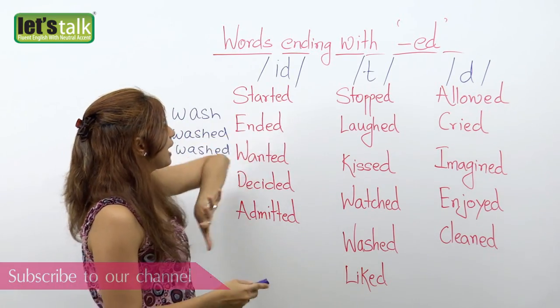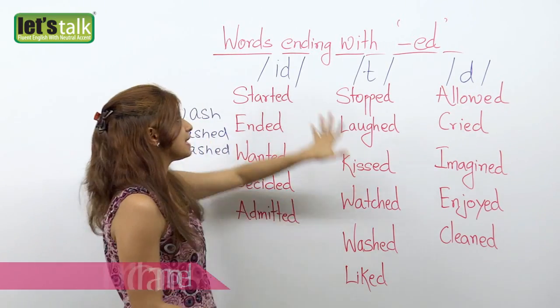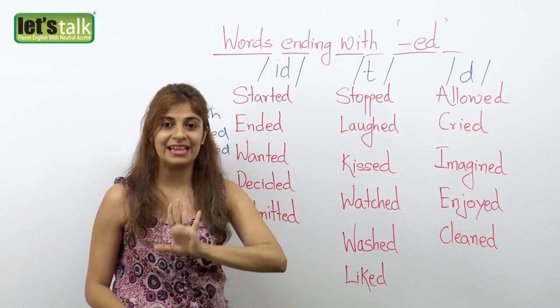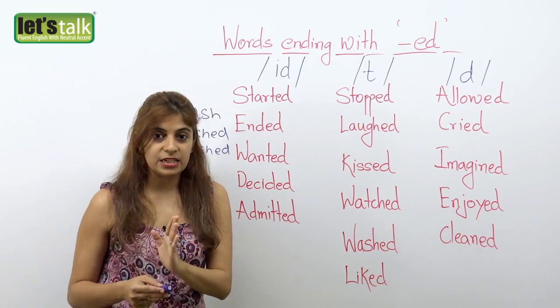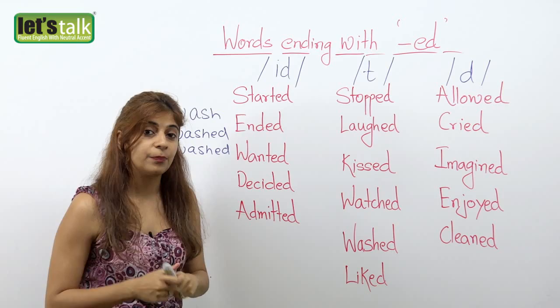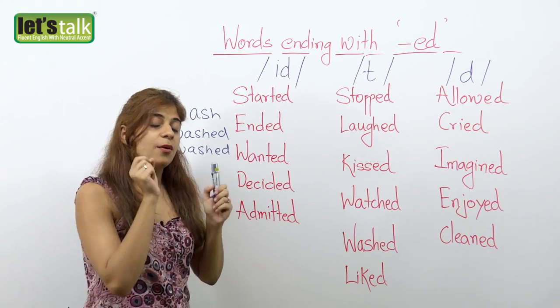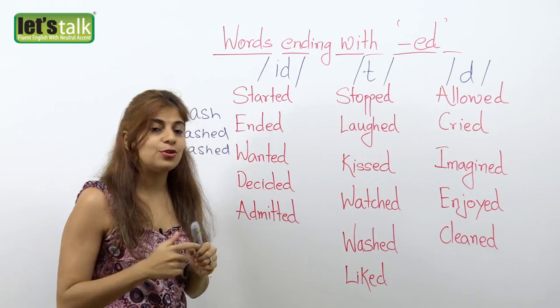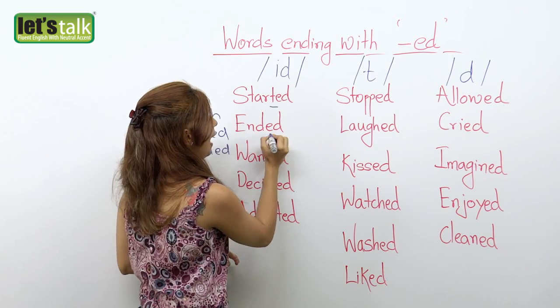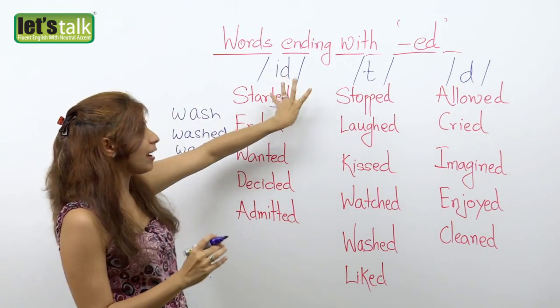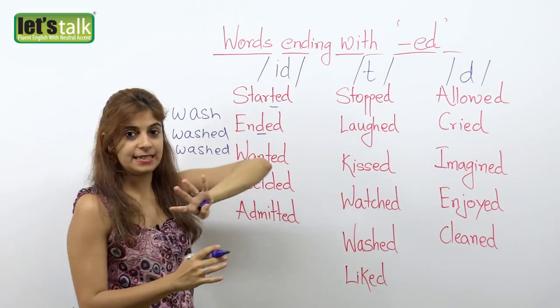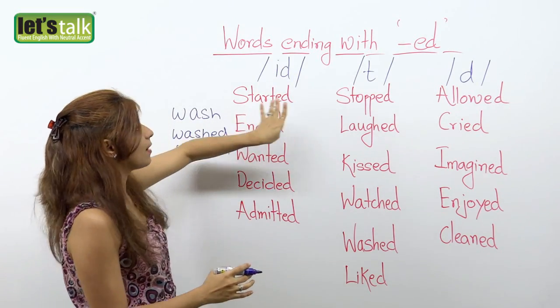So first we're going to look at the very simple sound, which is id. Now the words that end with t or d, but specifically the words that end with the sound of t and d, the correct pronunciation would be id. Like for example, started.